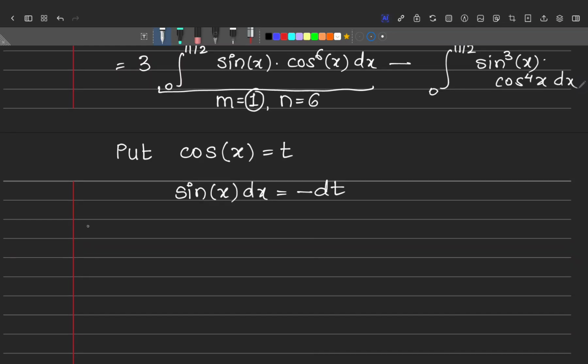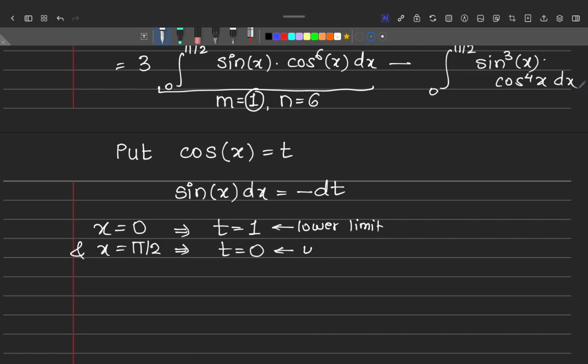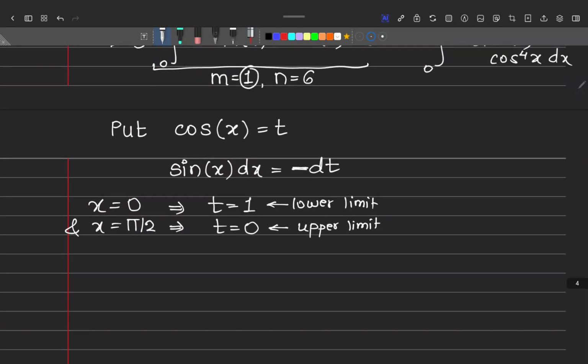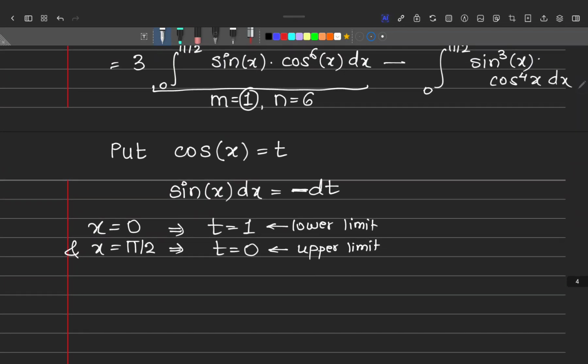Now the range of integration: when x is equal to 0, the value of t is equal to 1, and when x is equal to pi by 2, the value of t is equal to 0. Look, this is your lower limit and this is your upper limit. So this will change, and this minus sign here will change the order of integration.